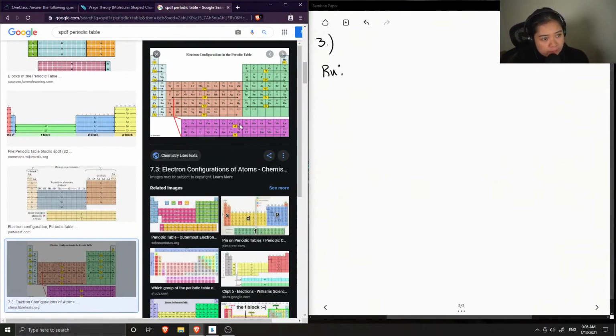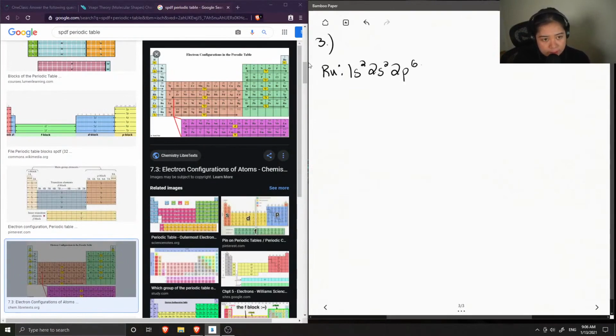So starting from hydrogen, we write 1s2, and then to the next row it is 2s2, and then moving over to the P block is 2p6, and then continuing on we have 3s2, 3p6, and then once we get to the fourth row, the D block has a lower energy than our S block. So we're just going to write our D block before we write our S block.